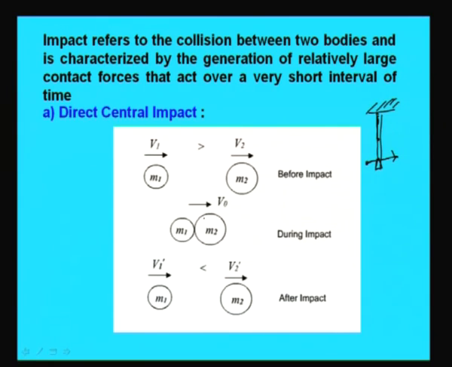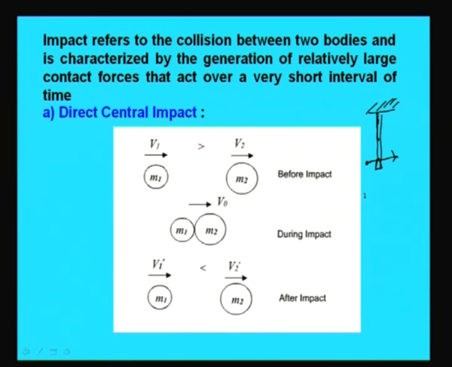Now when there is an impact, mass m1 is moving in that direction, it tries to move in that direction, so it deforms the layers of body m2.